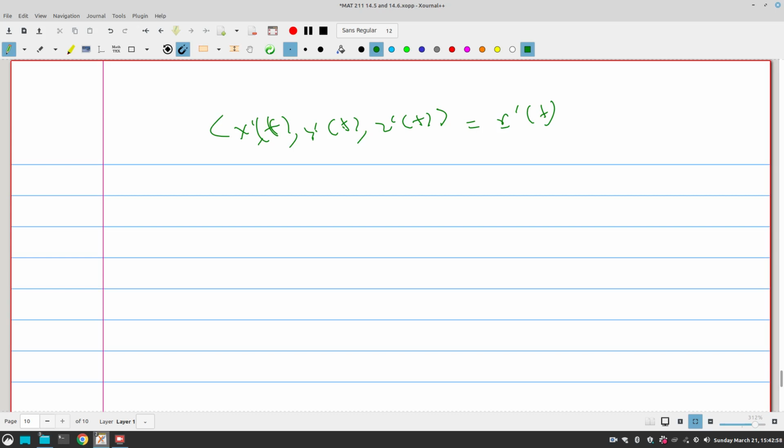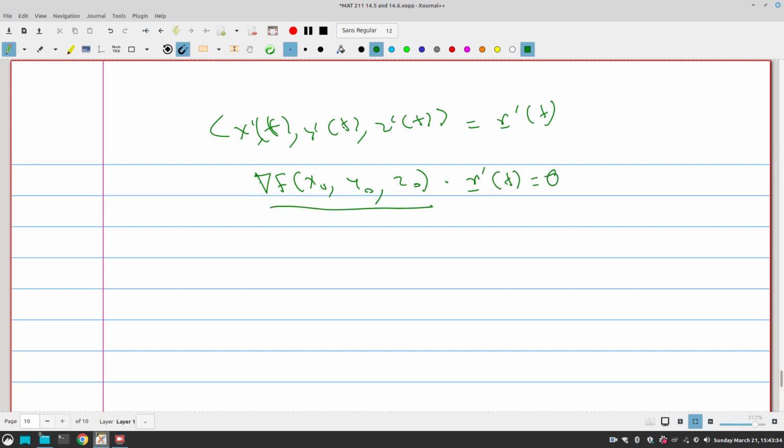And since we're dealing with a particular point, x naught, y naught, z naught, we may write this as del f of x naught, y naught, z naught dot r prime t equals 0.